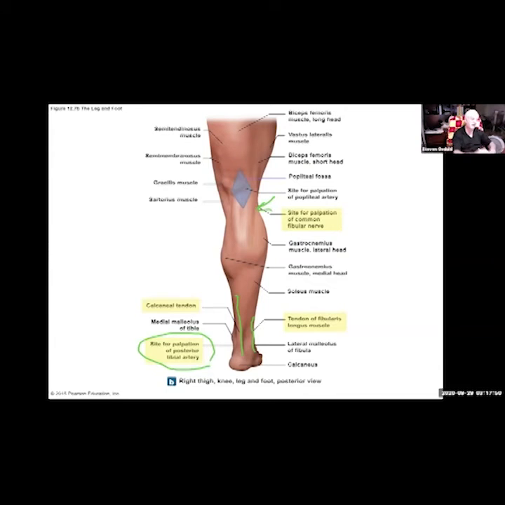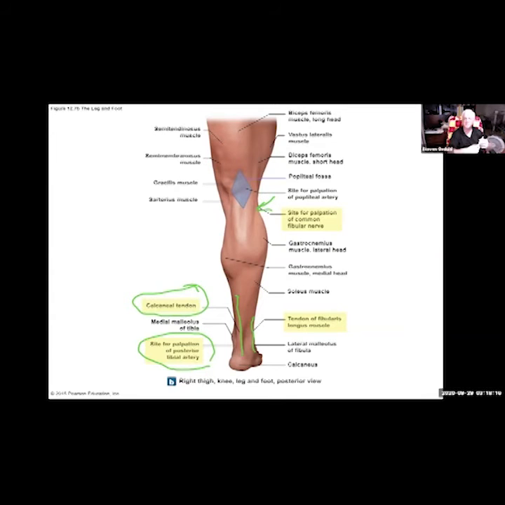What's another name for the calcaneal tendon? Achilles tendon. How did he get his name? Achilles, the Greek mercenary. His father was human and his mother was a god. They dipped him in something to make him invincible. Yeah, that was Thetis.